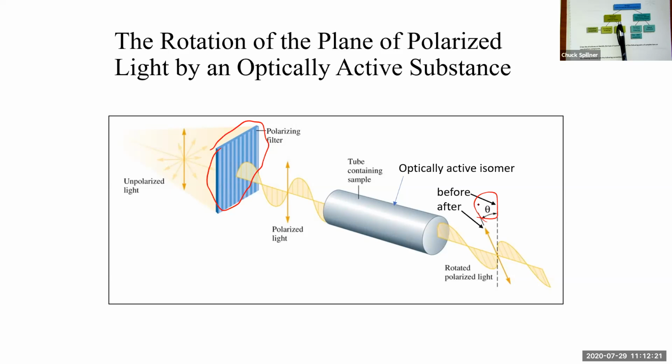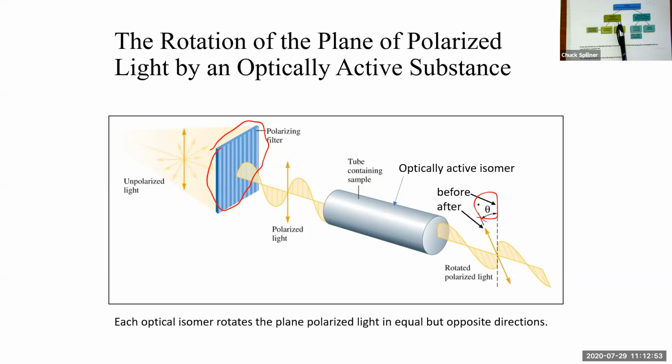So one isomer rotates the light a certain number of degrees to the left, and the other isomer rotates the light a certain number of degrees to the right, in the opposite direction. So each optical isomer rotates the plane polarized light in equal but opposite directions. That's why I have the designation plus or minus. If it rotates one direction, that's a plus direction, and the other isomer rotates it in the minus direction.